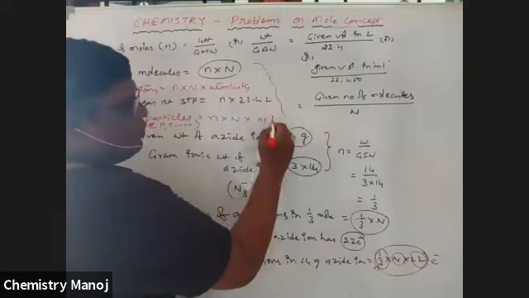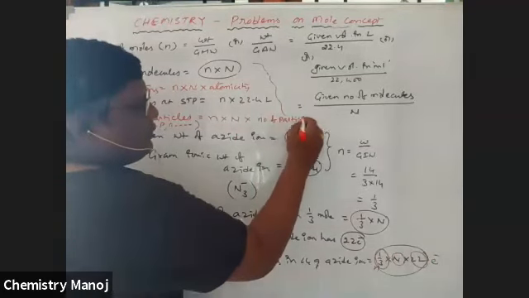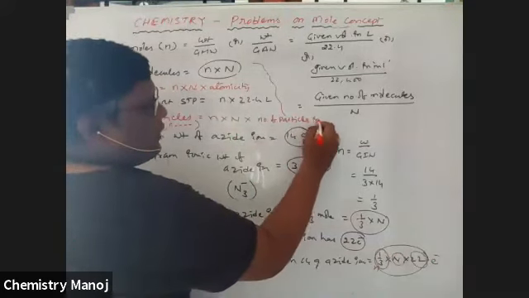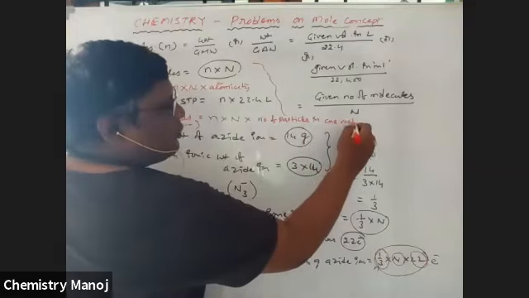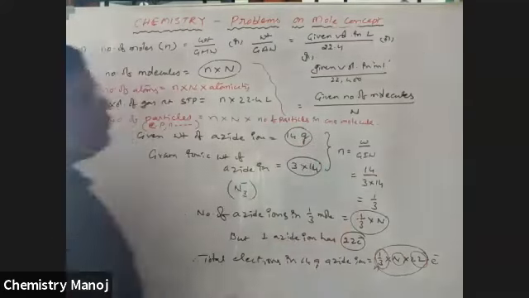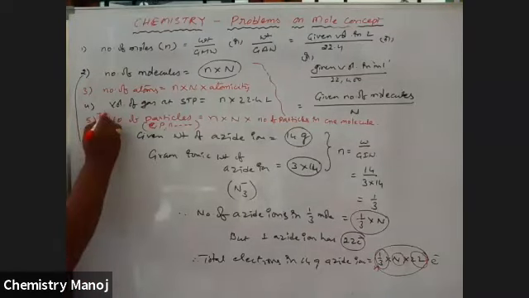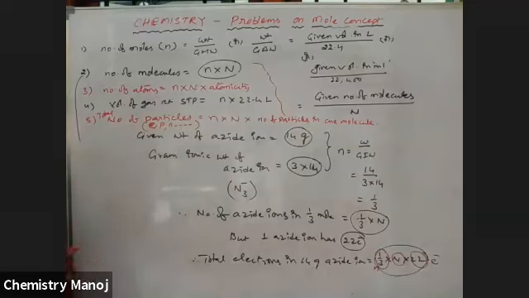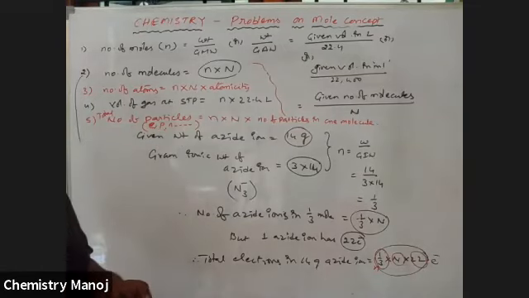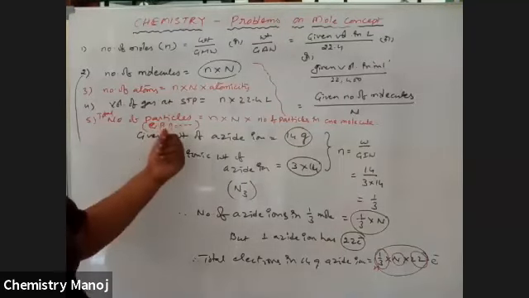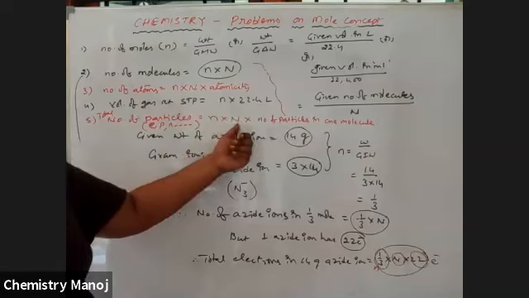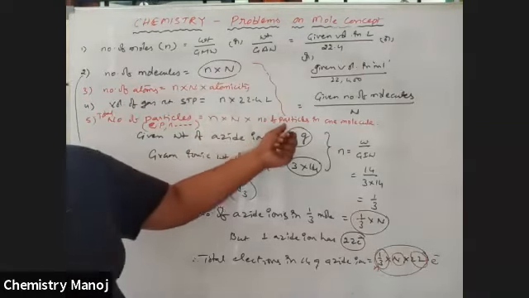Number of particles in one molecule. So total number of particles is equal to small n into capital N. Small n is the number of moles, capital N is the number of ions, into the number of particles in one molecule.